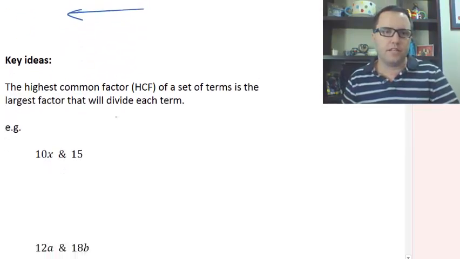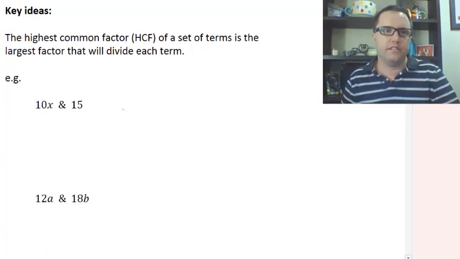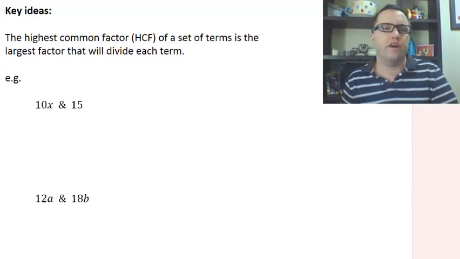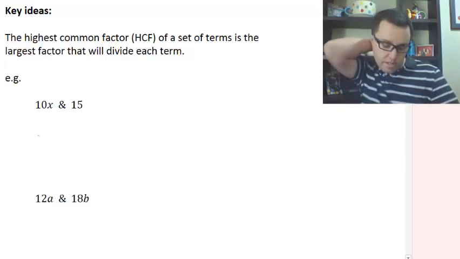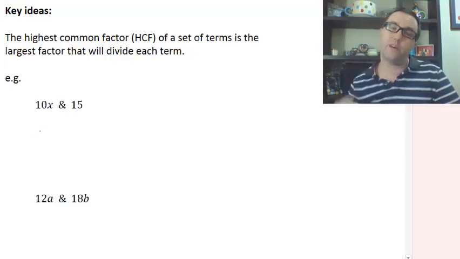Okay, right. So let's come down to our key ideas here. The highest common factor of a set of terms is the largest factor that will divide each term. So there's a couple of ways probably you want to go about doing this. If I had these highest common factors of 10x and 15, you can write the prime decomposition of a number.